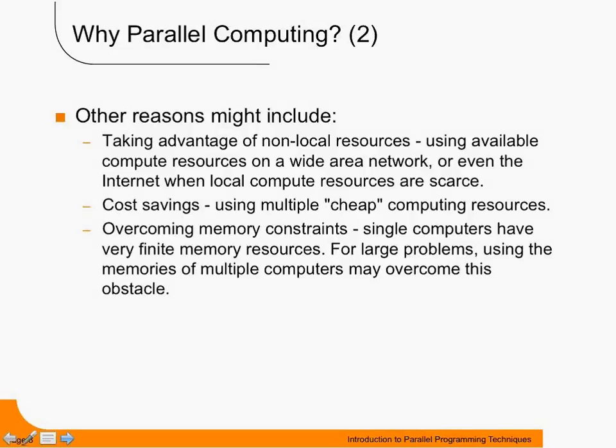Another reason is taking advantage of non-local resources. Let's say you have access to supercomputers, then you can write your parallel program and use the supercomputer. Another is cost saving. It may be possible to connect a bunch of CPUs and create a cluster, and you use that cluster to solve your problem.